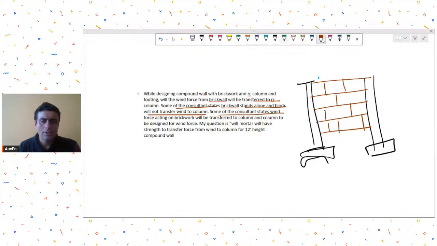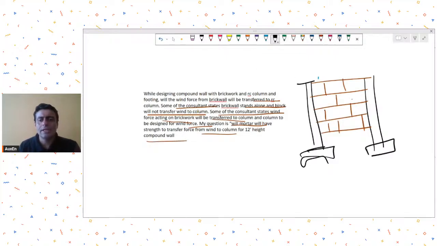Some of the consultants state wind force acting on brickwork will be transferred to column and column to be designed for wind force. My question is, will mortar have the strength to transfer wind force from brick wall to column for 12 feet height compound wall?